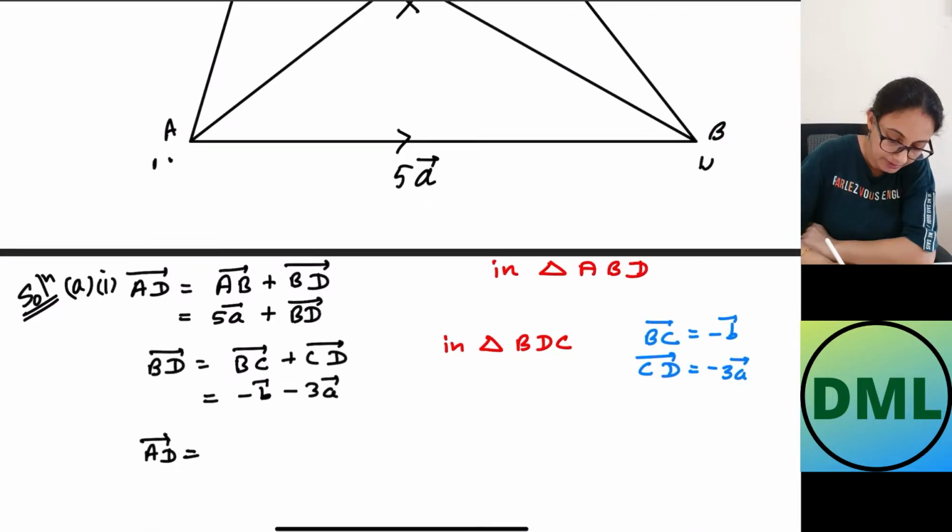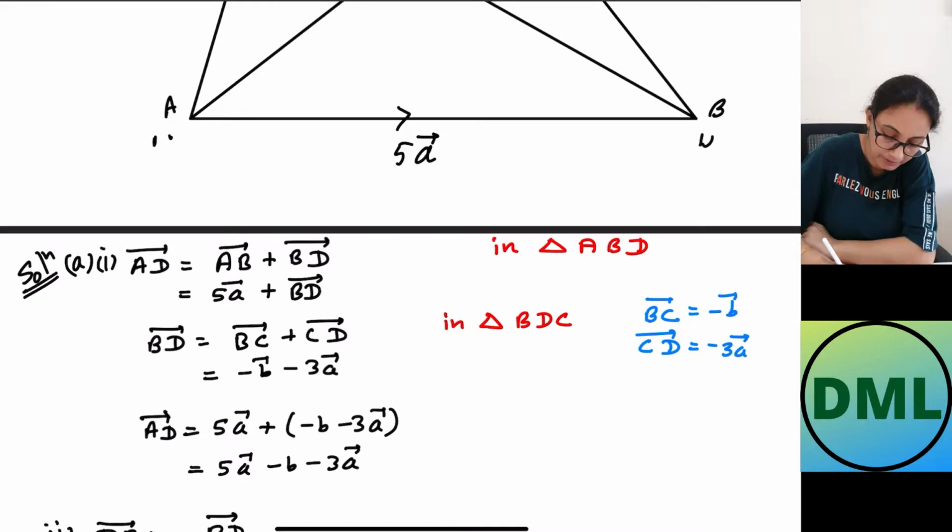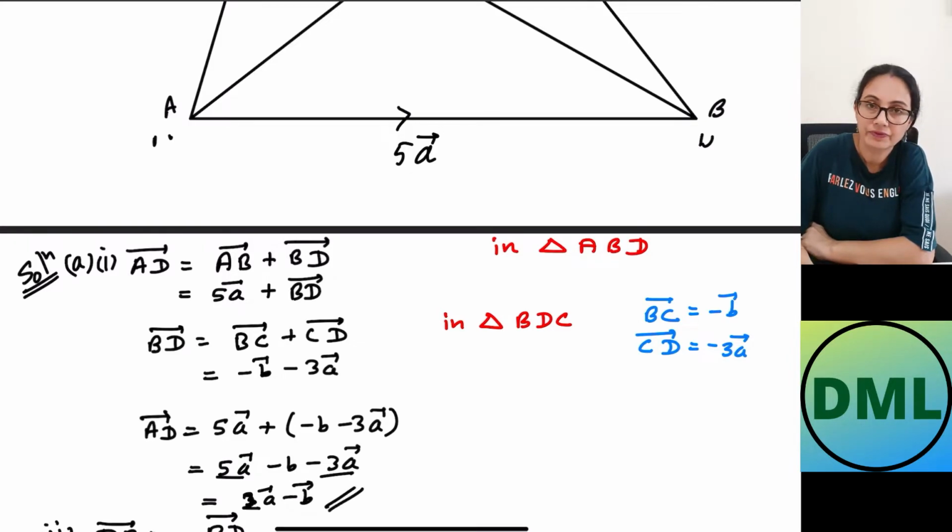So, my AD vector will be AB vector, which is 5A, plus BD, and BD is minus B minus 3A. So if I solve it, it will be 5A minus B minus 3A. So if I solve A and A, this will be equal to 2A minus B vector. This is my first answer.